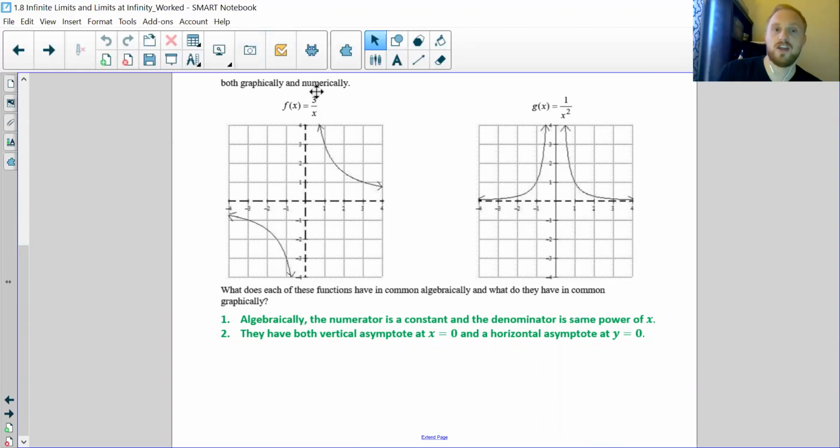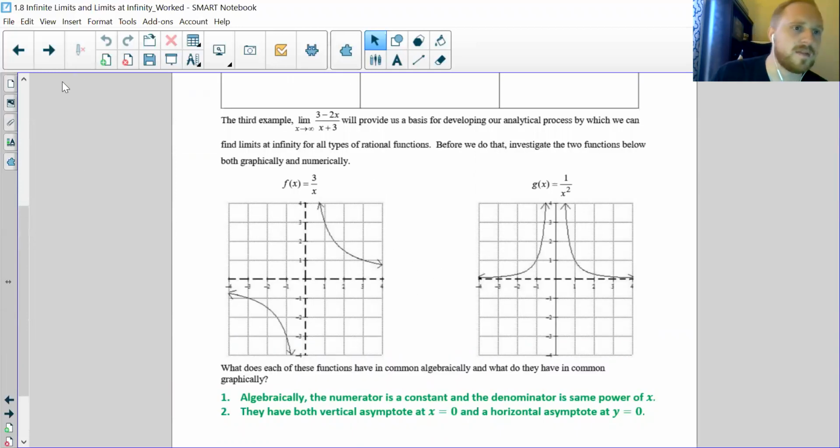Okay, so notice that here the numerator is a constant for both of these, and the denominator is the same power of x. They both have a vertical asymptote at x equaling 0 and a horizontal asymptote of y equals 0.